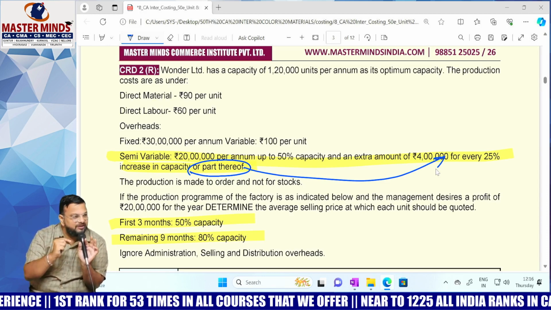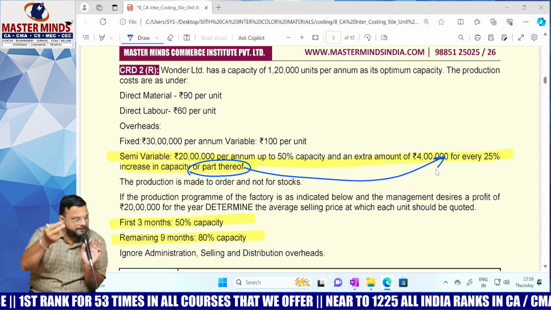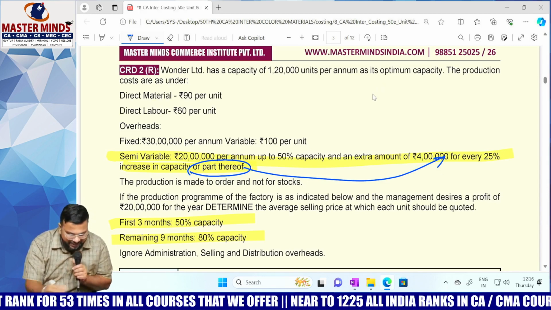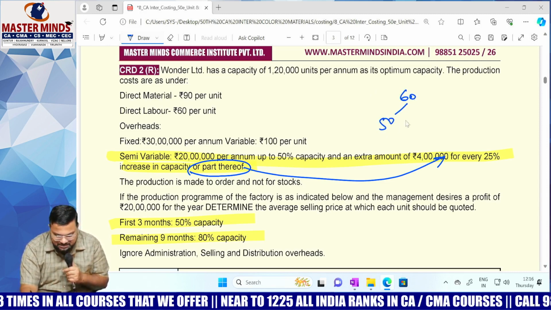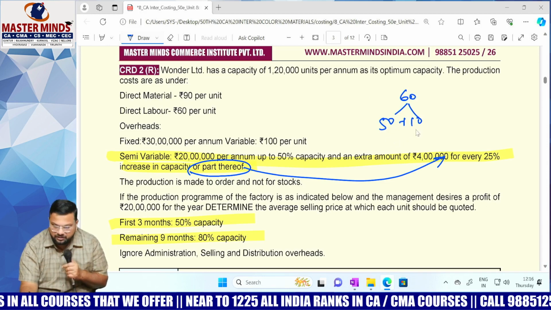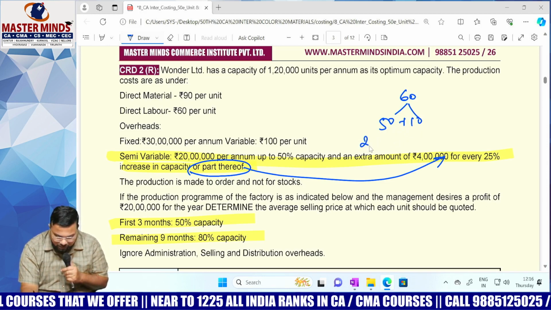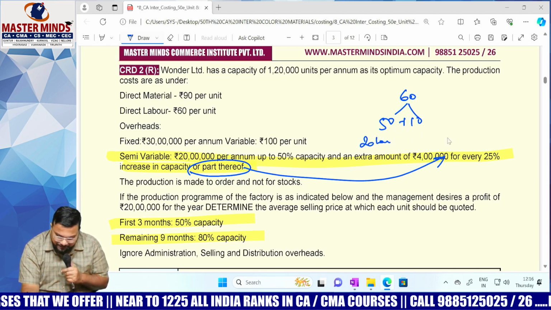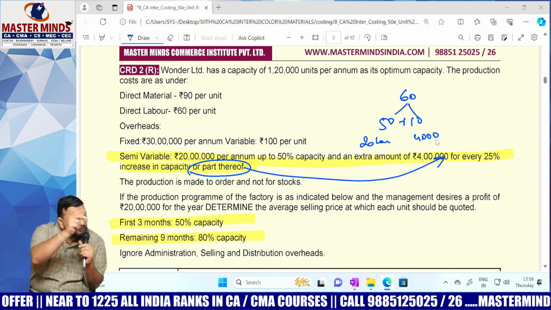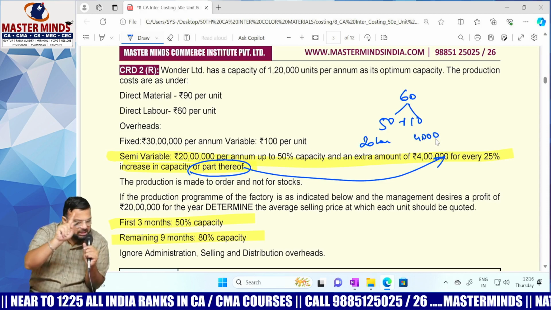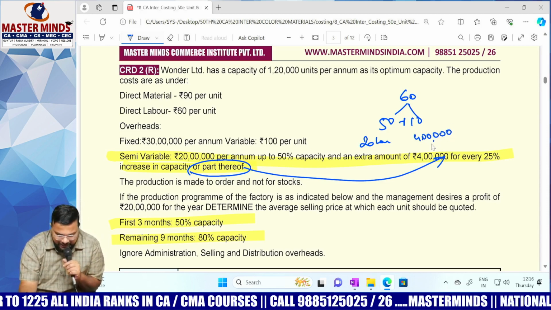For every 25% increase or part of 25%. That means, for example, if the capacity is 60%, it can be done as 50 plus 10, right? For this 50%, Nana, I will be incurring 20 lakhs. And for this 10% also, whether it's 25% or part of 25%, Nana, you will be incurring extra 4 lakhs. Am I clear?